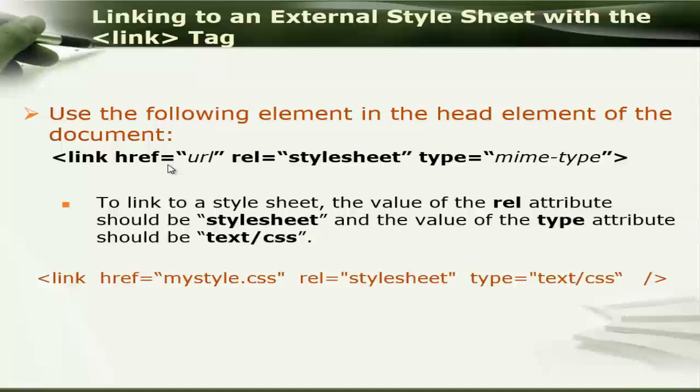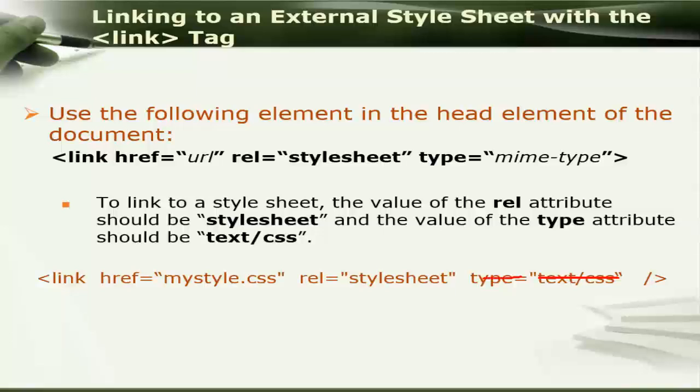Then specify the relationship. This is a must, even in the HTML5 version. Whereas the last one, the MIME type, is not really required. If you want to use it, the MIME type for this is text/css.